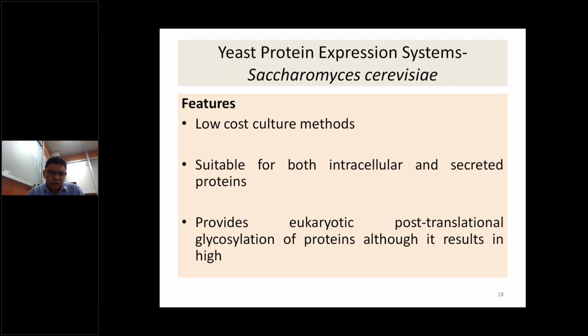That is why therapeutic proteins, which are generally of human origin, need complex post-translational modifications. Sometimes, not every time, because insulin is produced in E. coli, and there are many examples of biosimilars and biologics which are produced in E. coli and marketed from that production system.